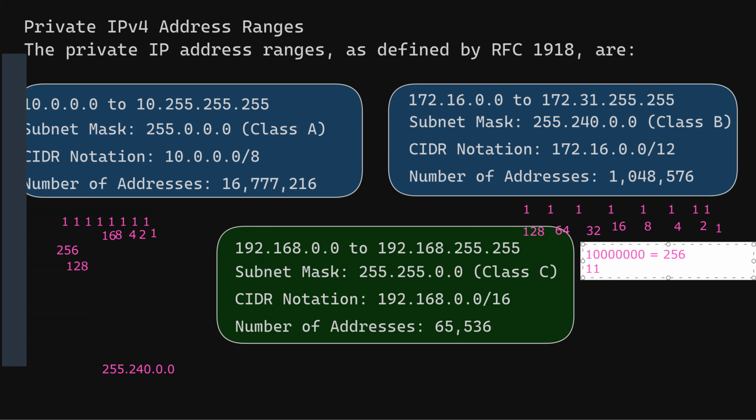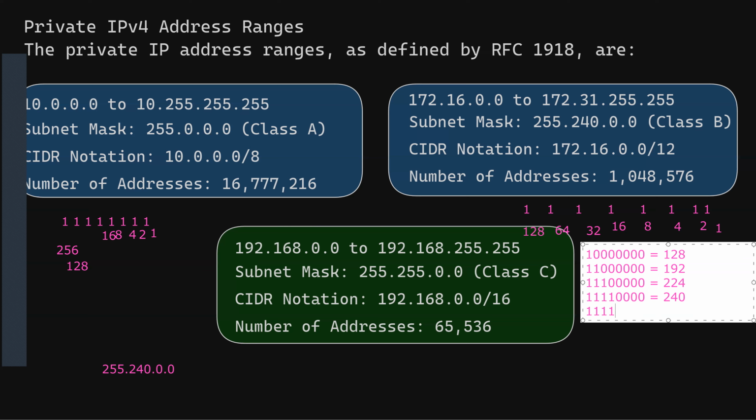If you have 1, 1 and six zeros, that means 128 plus 64, how much is this? 192, right? And suppose you have 1, 1, 1 and five zeros, plus 32, how much is this? 224. With 1, 1, 1, 1 it is plus 16, how much is this? 240.